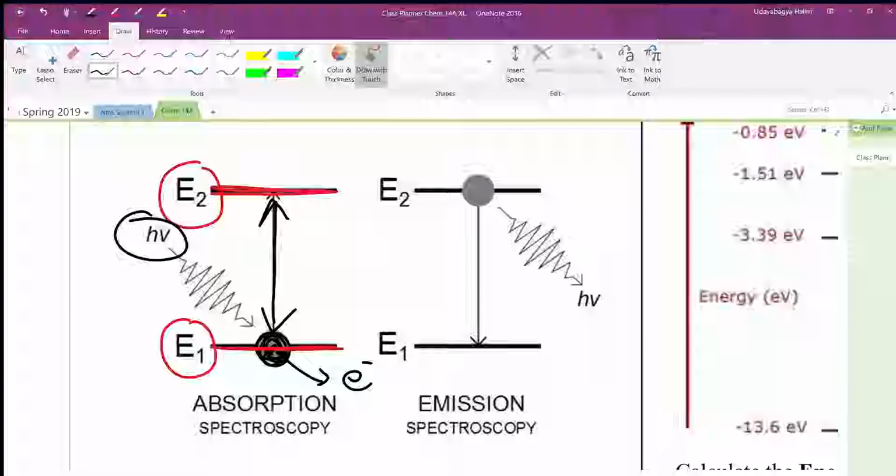Whereas if you have an emission process, the process is simply reversed. You have an electron at a high energy level, and as it goes down to a lower one, it will emit light or photons.